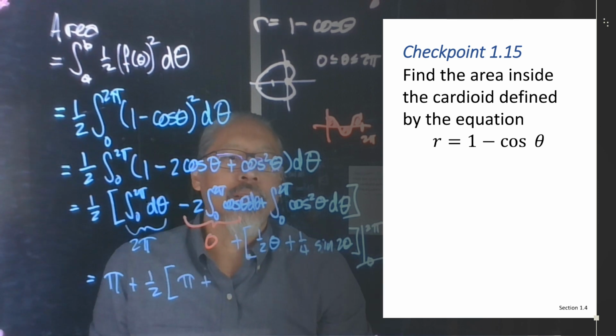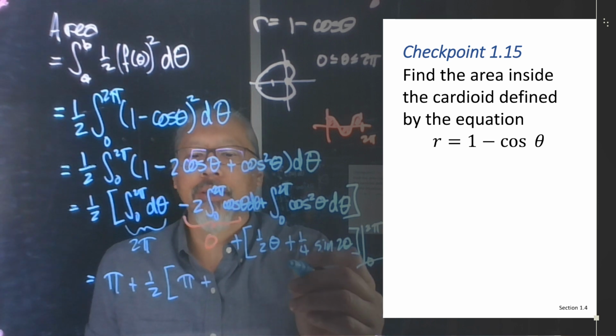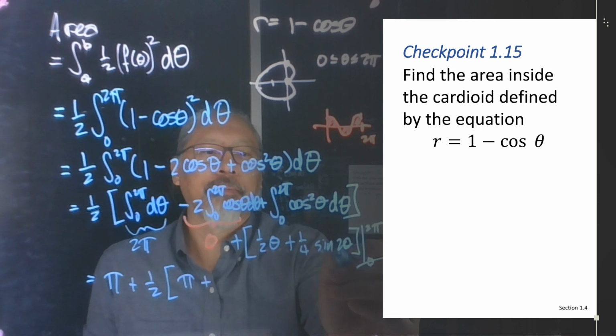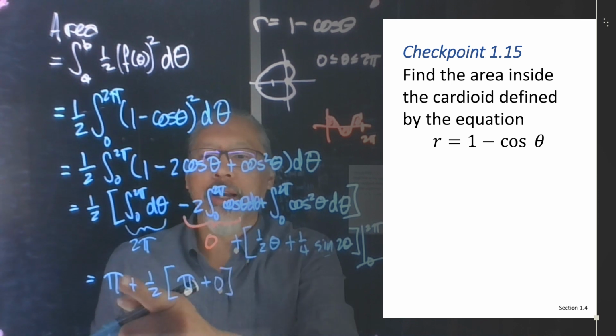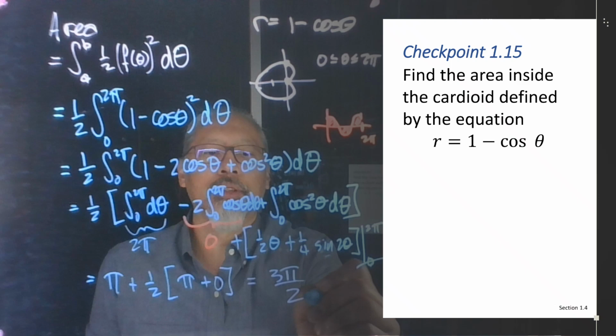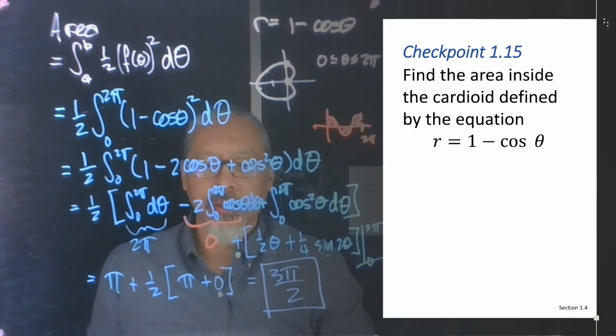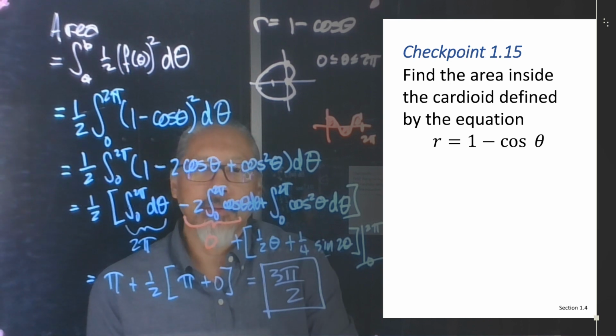And sine of 4 pi is 0, because we'll have 2 times 2 pi, that's 4 pi, and sine of 4 pi is 0. So there's that. And we just have pi plus 1/2 pi, 3 pi over 2. And that should be your area. Okay, I hope that helps.